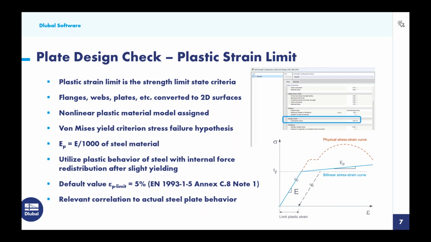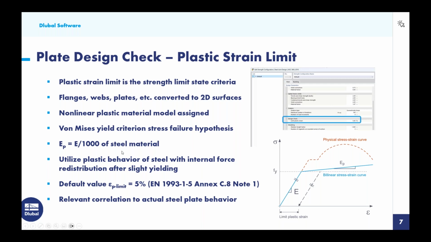And when a single FE mesh point reaches this yield strength here, Fy, then inevitably we would be saying that the entire connection is failing, when in reality, we know that if a single FE mesh point reaches this yield strength, the load is actually distributed to the FE mesh points around it. And as long as we don't have a huge region of the connection that is yielding, the entire connection actually won't fail when a single FE mesh point reaches that yield stress.